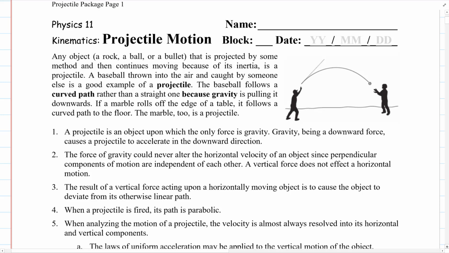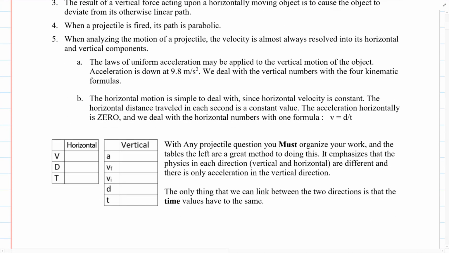When we start analyzing, that's what we're doing in physics. We have a few ideas here with that mentioned above. When analyzing the motion of a projectile, the velocity is always resolved into horizontal and vertical components. So we set up a horizontal table and a vertical table to contain our data.